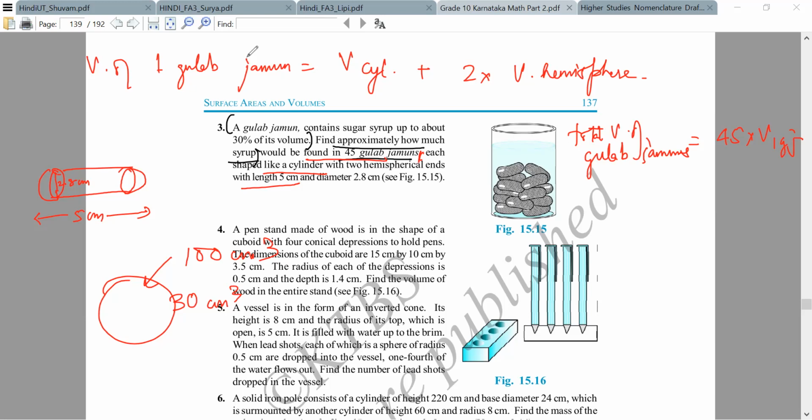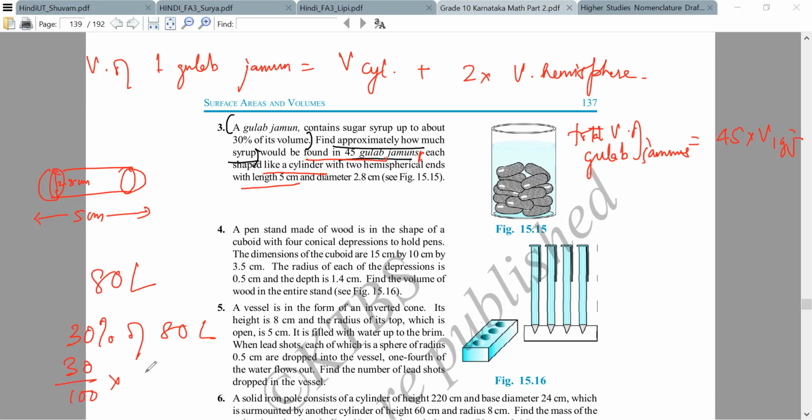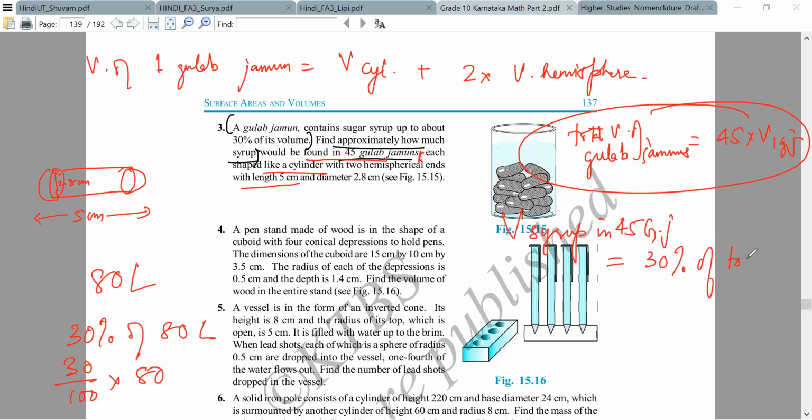If I have a total of 80 liters of gulab jamun, how much syrup will be there? 30% of 80 liter, that is 30 by 100 into 80. You following me? So whatever my total volume came, the volume of syrup in 45 gulab jamuns will be equal to this total volume into 30%. 30% of the total volume of gulab jamuns.